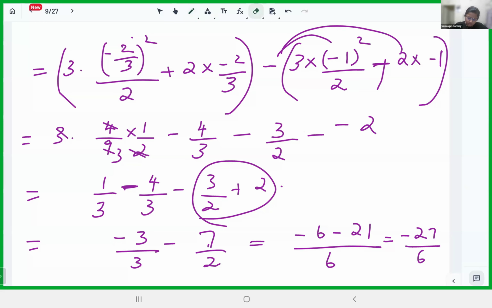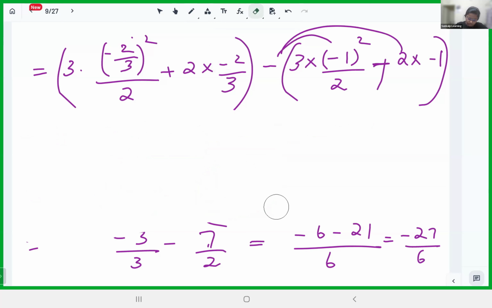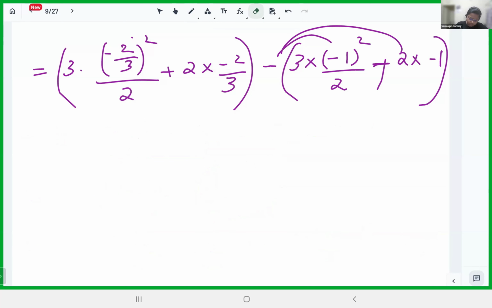Okay, let's do this step once again, all right? So this one will be 3 into 4 by 9 divided by 2, it is 1 by 2 into 1 by 2.